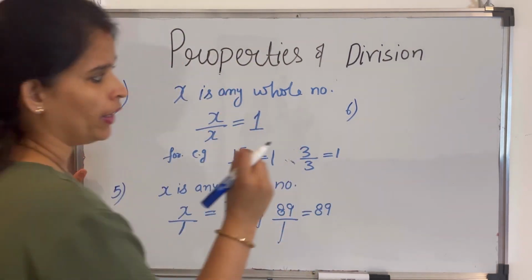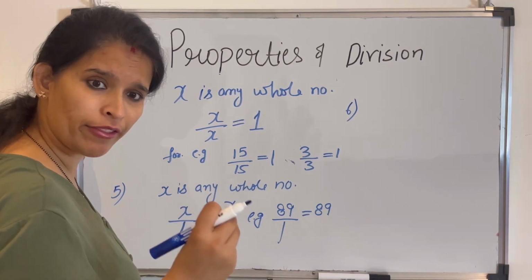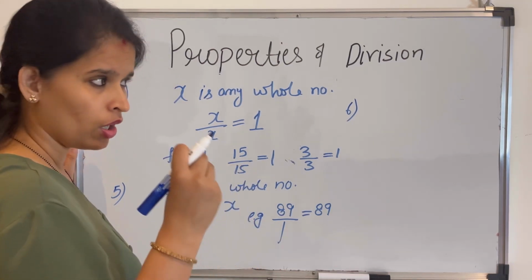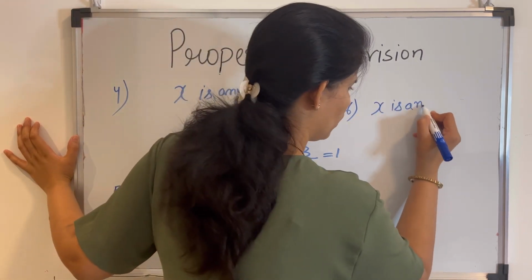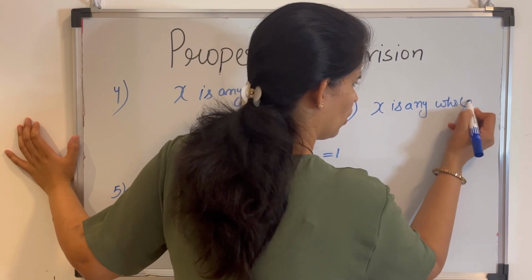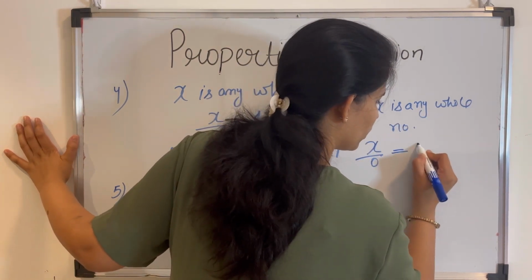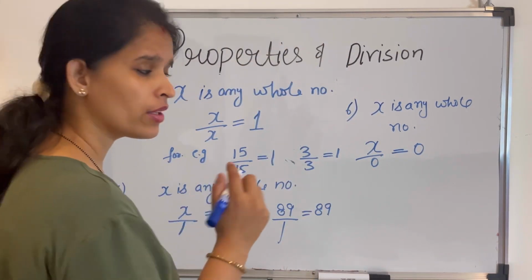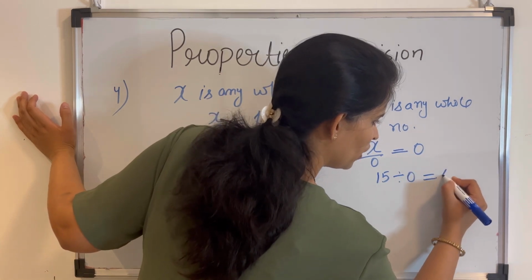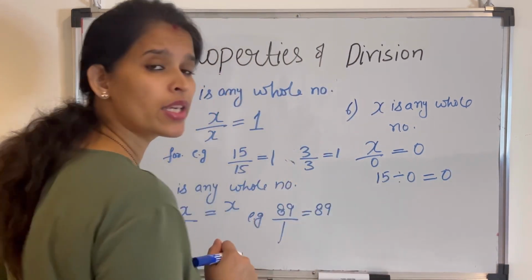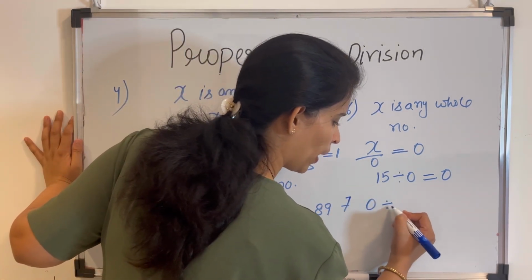Now the sixth one is 0. Just keep in mind, if x is any whole number and if I divide x with 0, then the solution will also be 0. Suppose if I divide 15 by 0, then the solution is again 0. But what happens if 0 is divided by any whole number?